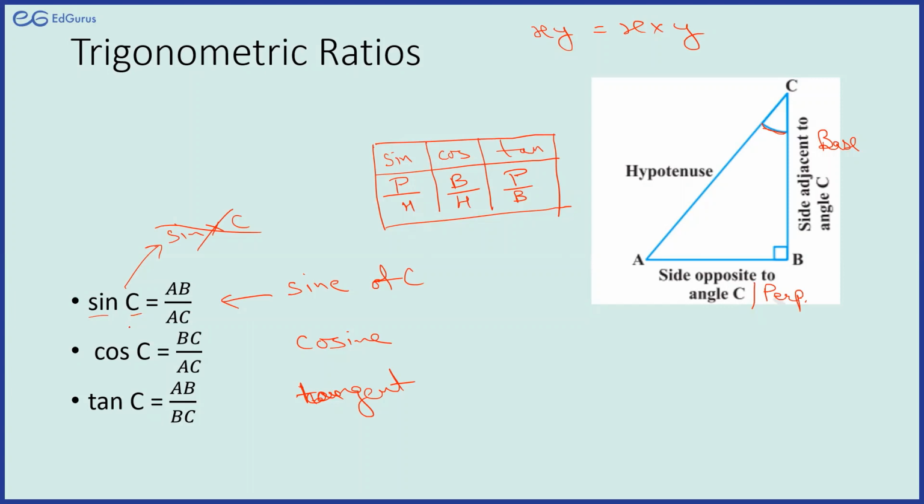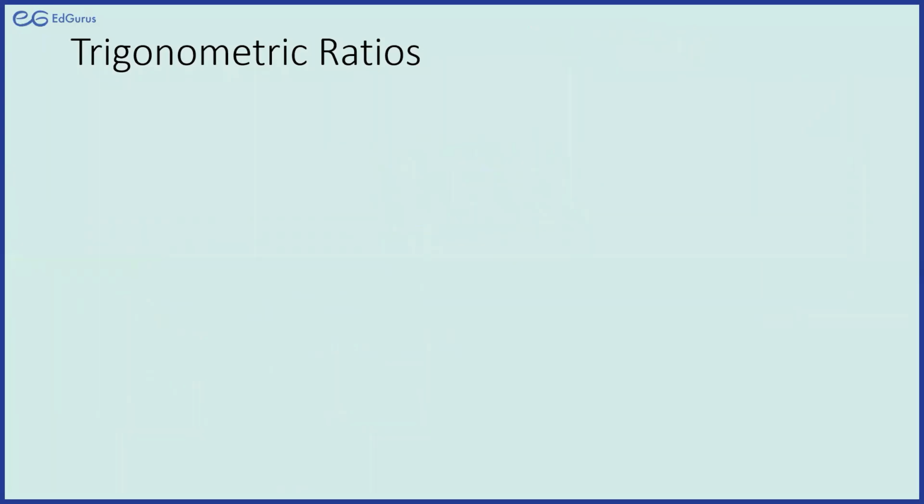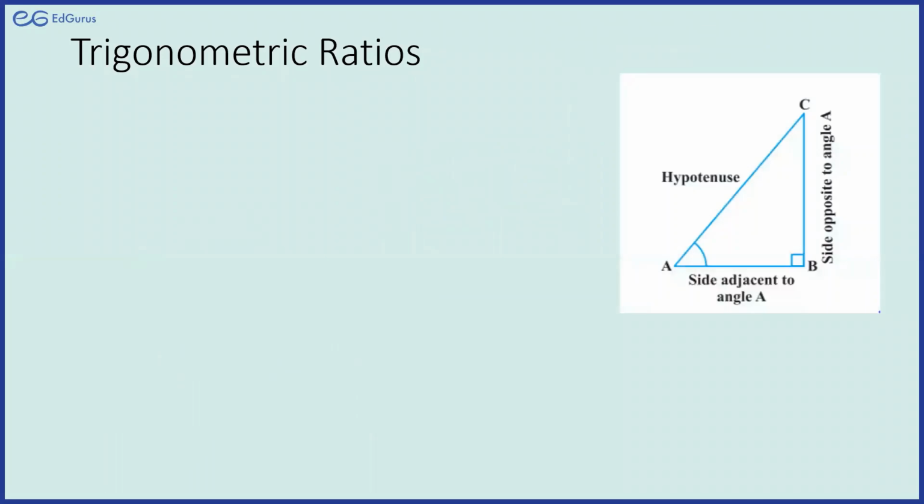This is important to know because later in your formulae, you should not make mistakes as you learn more relationships. So this is cosine of C. We are not multiplying cos and c. We are just writing it as one word. Cos c, sin c, tan c is one word.